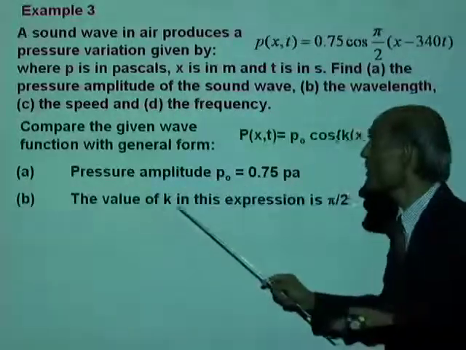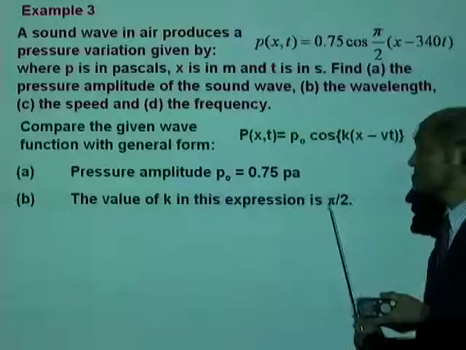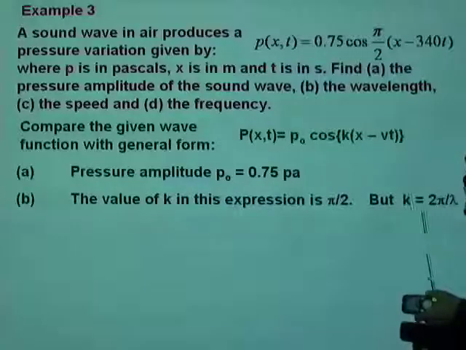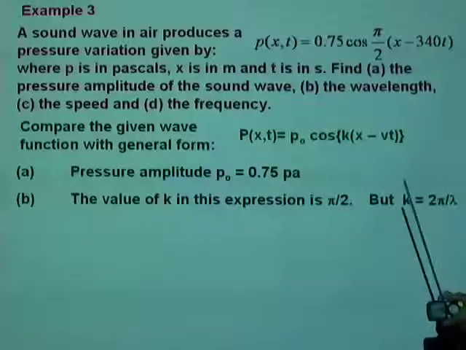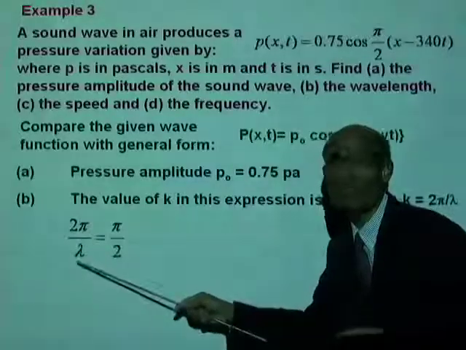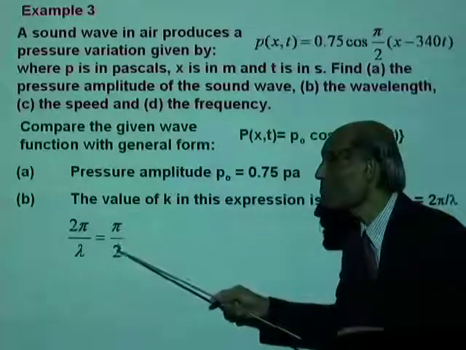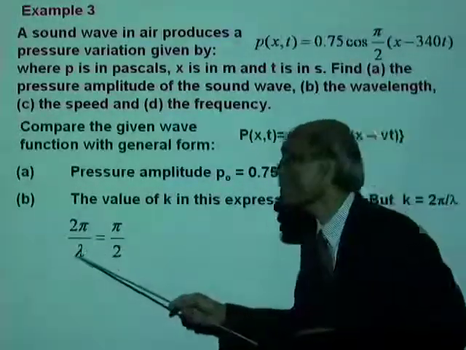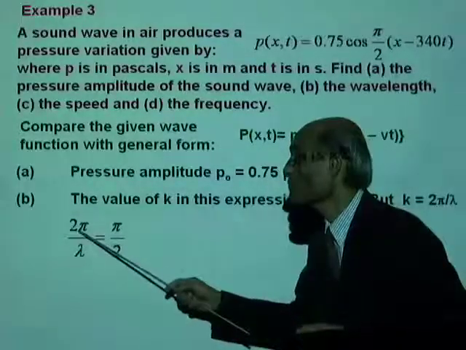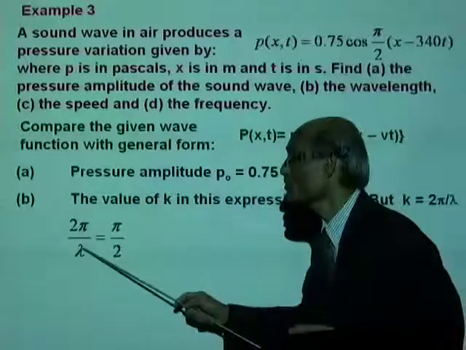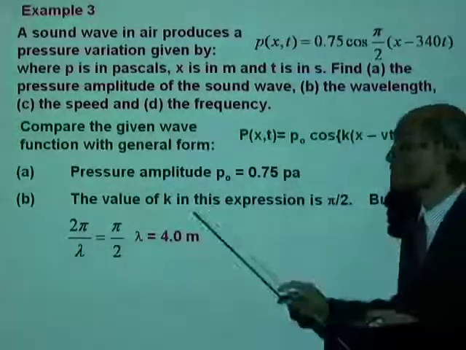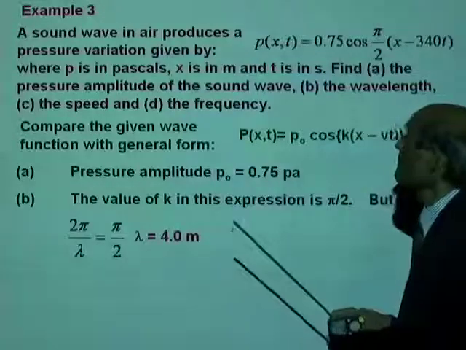The value of k in this expression is pi by 2. But k equal to 2 pi divided by lambda. So we say 2 pi divided by lambda equal to pi by 2. Can you solve for lambda from here? Well, I can tell you from one look, pi and pi cancel. Lambda equal to 4 meter. So we obtain the wavelength.